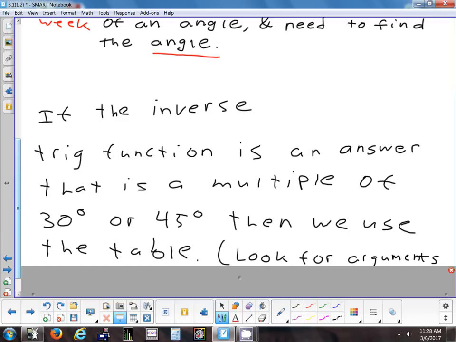I said, if you're trying to answer a question, and the answer is a multiple of 30 or 45, then you use the table. So the only way you can use this table is if the answer is a multiple of 30 or 45. What's kind of weird about that?